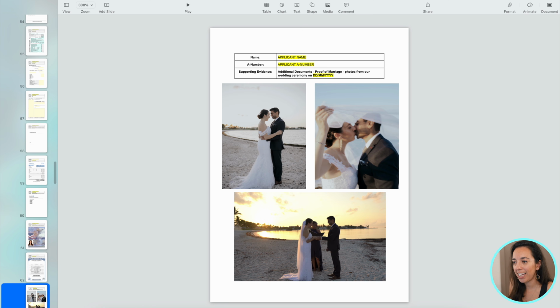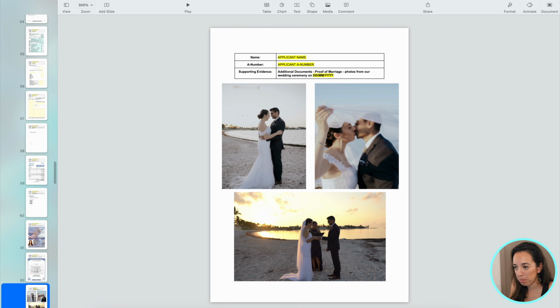Next, we included a couple of additional documents to support our overall adjustment of status packet, which is mainly just proof of your relationship. Again, this section is included in the same packet and just a continuation of pages of paper in one big pile of paper.